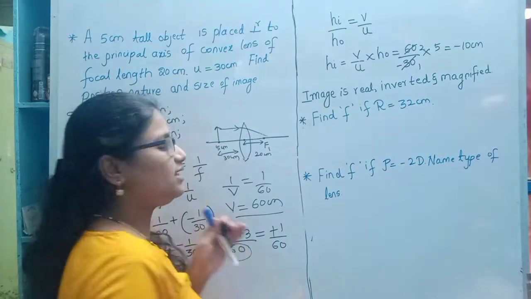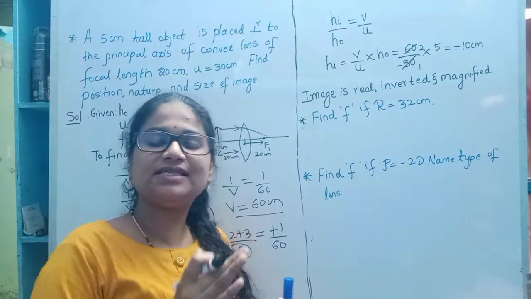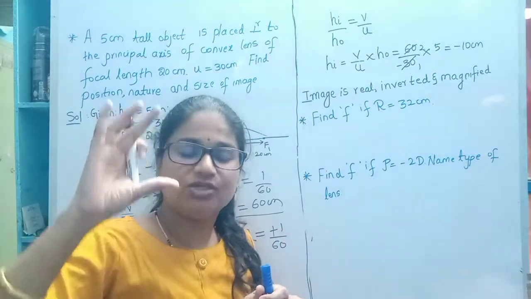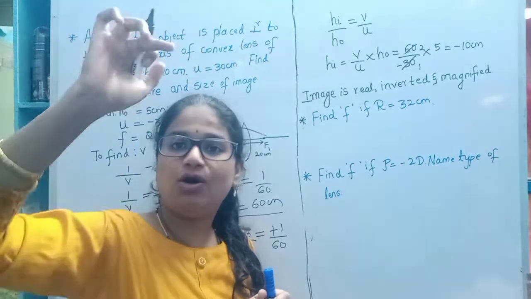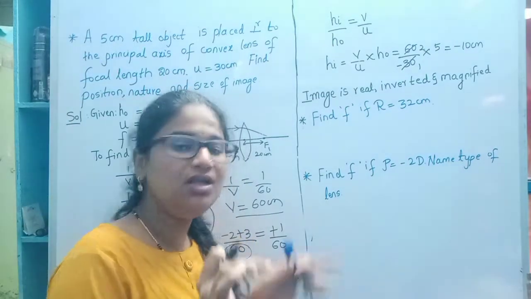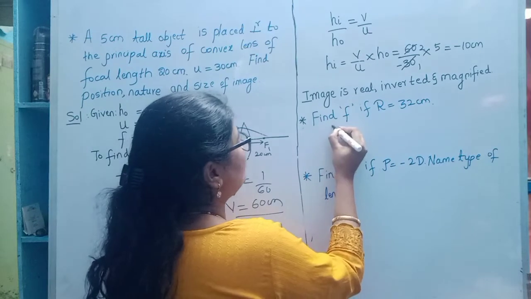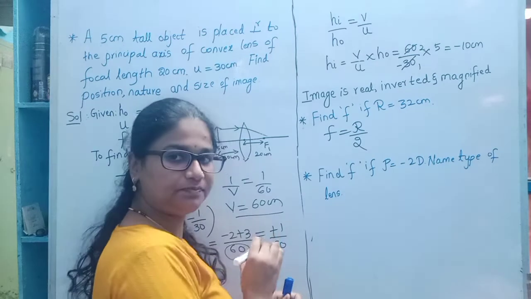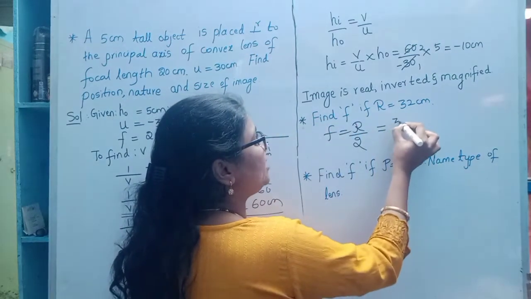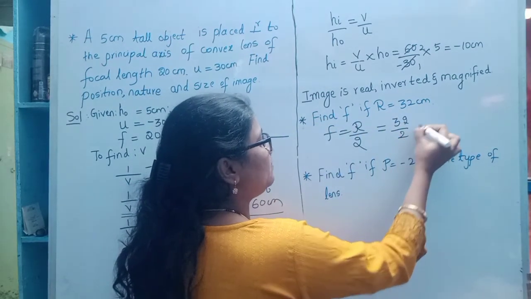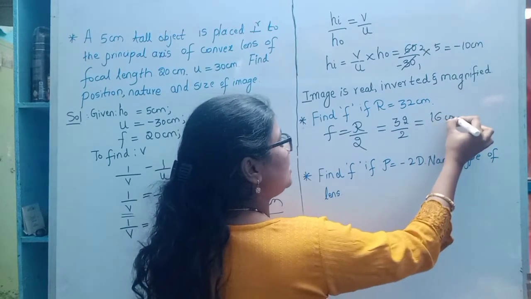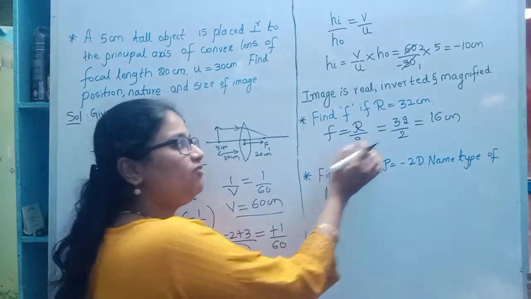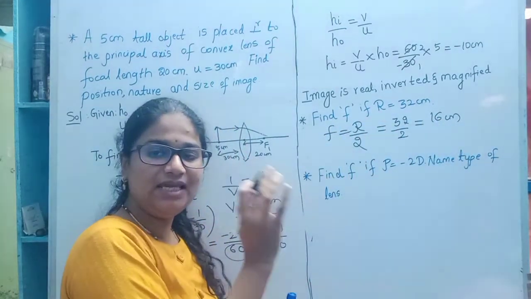In this chapter, we consider that the aperture of the lenses and mirrors is small. When the aperture is small, the focal length will always be half of the radius of curvature. So here 32 centimeter is the radius of curvature divided by 2. So it is 16 centimeter. We got the value 16 centimeter.